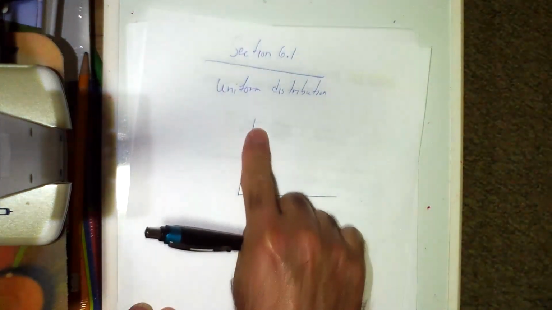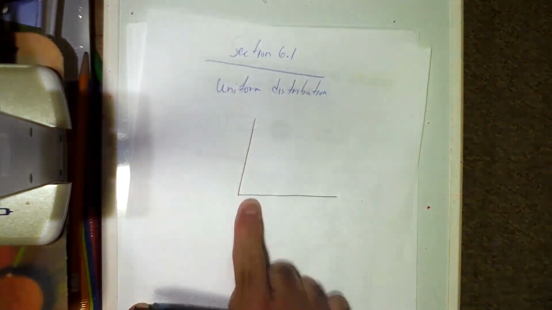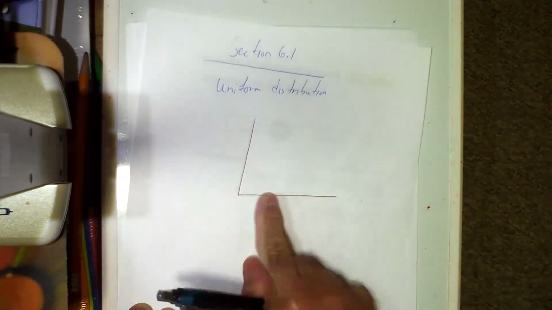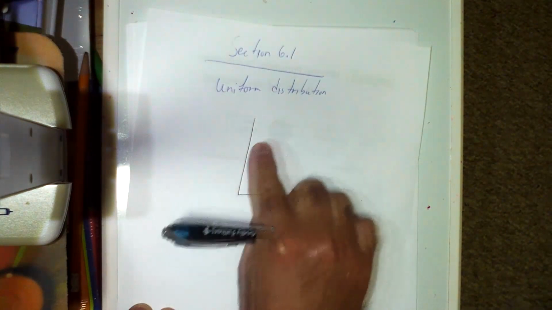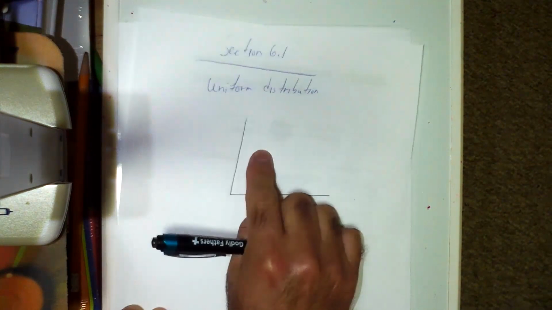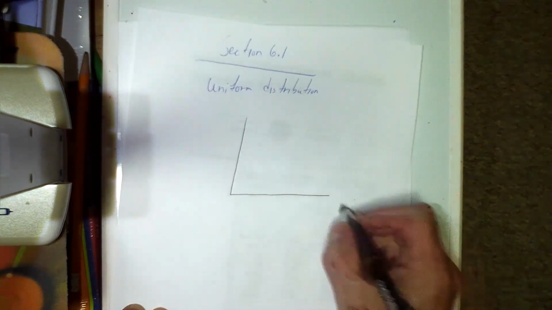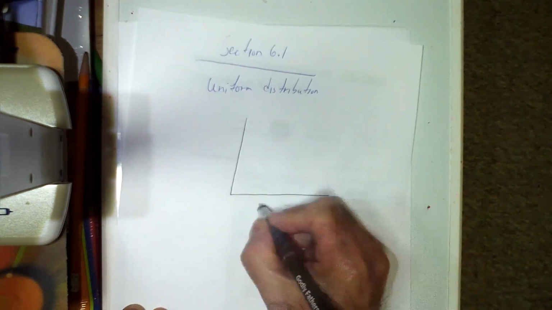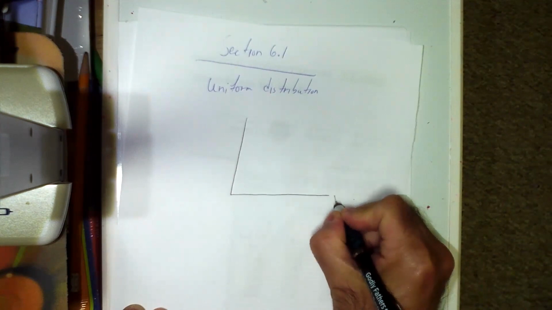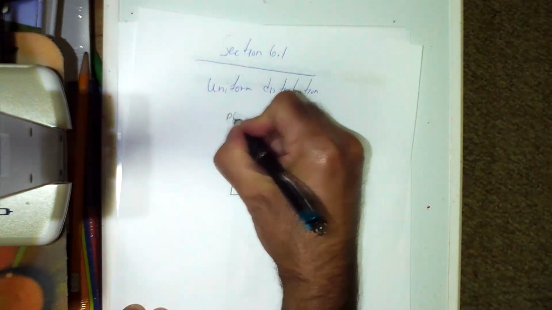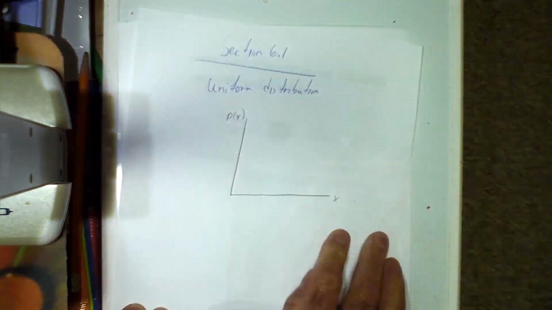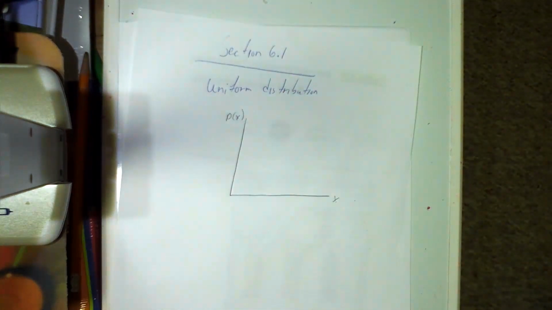So you had your y-axis that goes down, and your x-axis went this way, right? Well, we're only concentrating on the positive quadrant. This scale here represents the x, and this scale here represents the P of X.